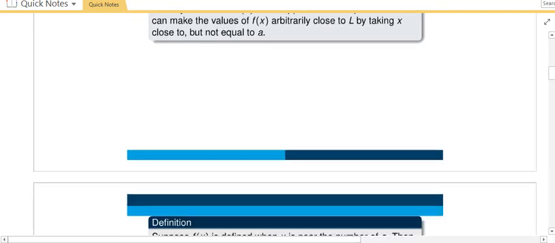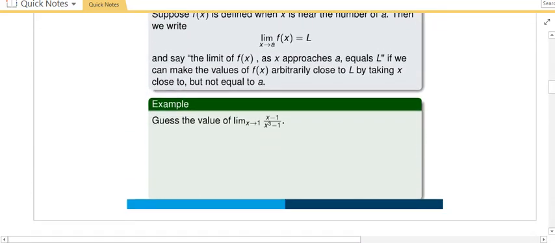So if we go ahead and look at an example here, we want to guess the value of the limit as x approaches 1 of x minus 1 divided by x cubed minus 1. And again, when we talk about what happens when we're close to it, that's all we can really consider, because if we plugged in 1 here, we'd get 1 minus 1 over 1 cubed minus 1.